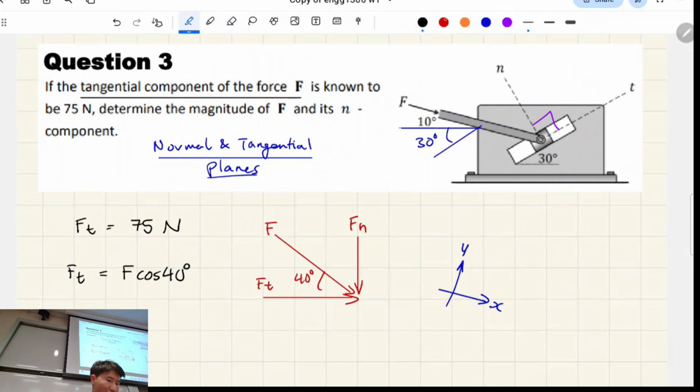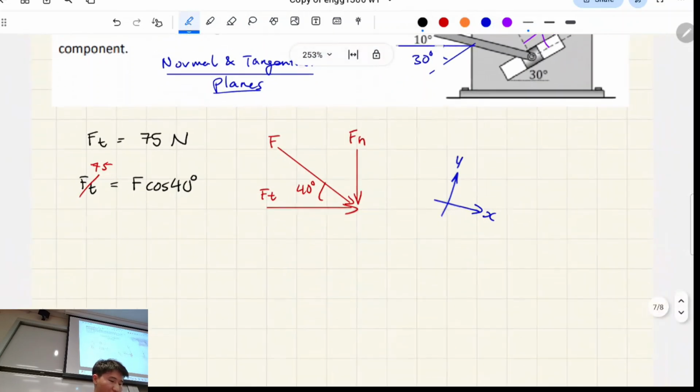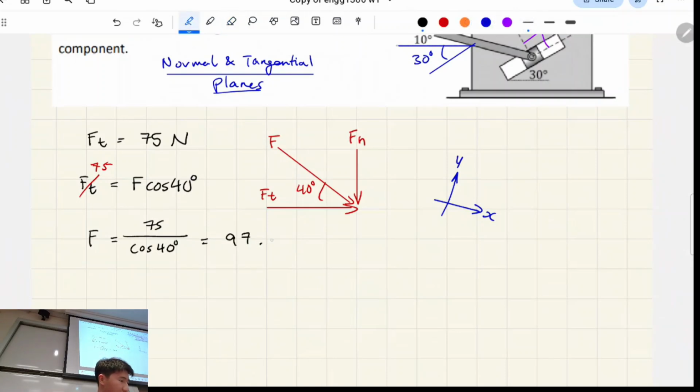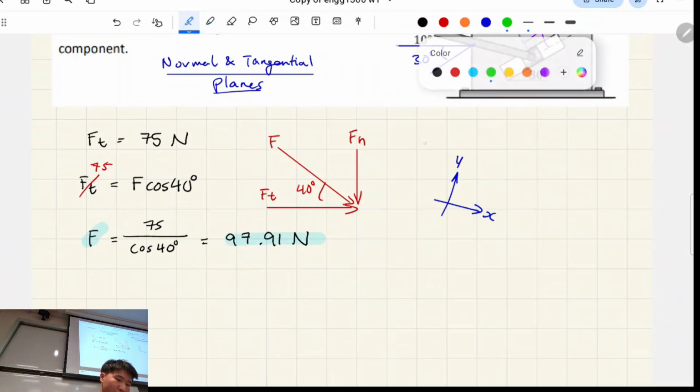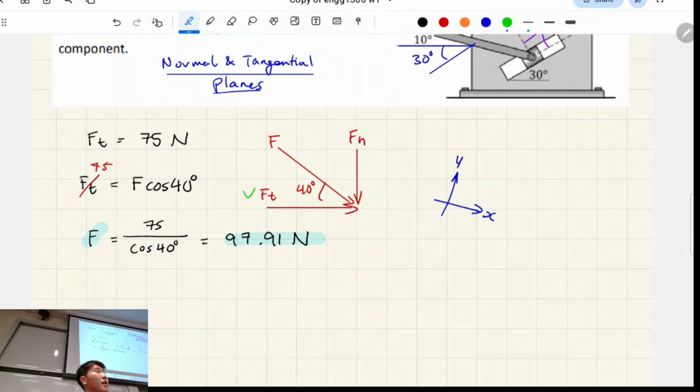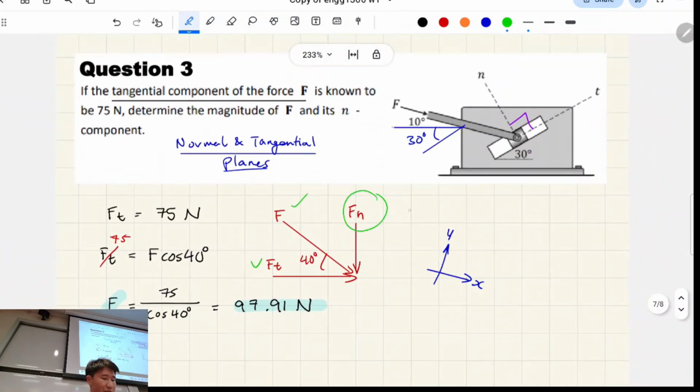So we can reverse engineer this and replace that with 75. Now we're just solving for the diagonal, because that's the part we don't know, and that's equal to 97.91. So we started with this one, and now we've pivoted to that one, and last we're going to solve for Fn.